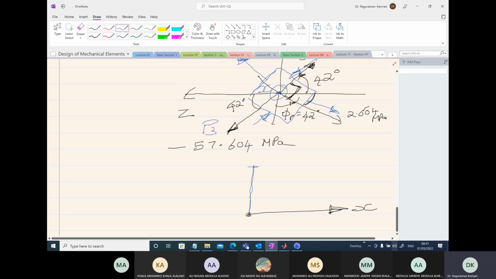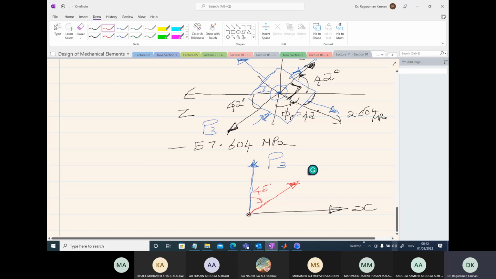So the P3 axis, assuming is this particular direction, the maximum shear stress direction in this case is going to be at 45 degrees to these two directions. This is going to be your maximum shear stress direction.